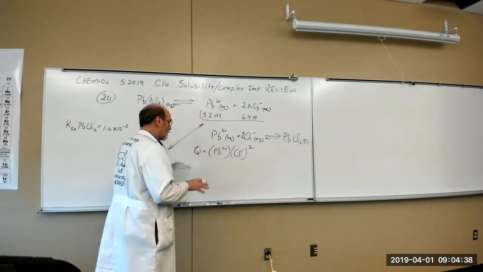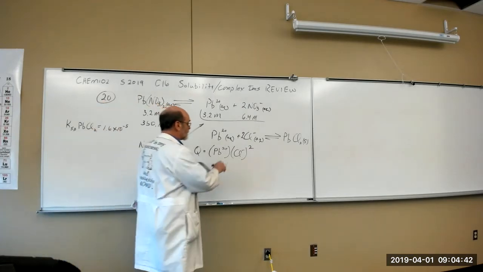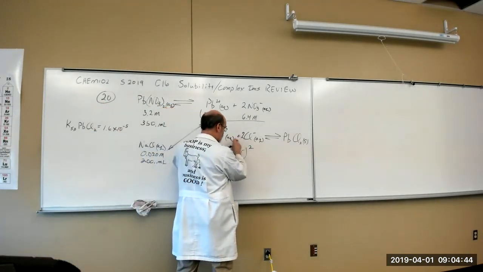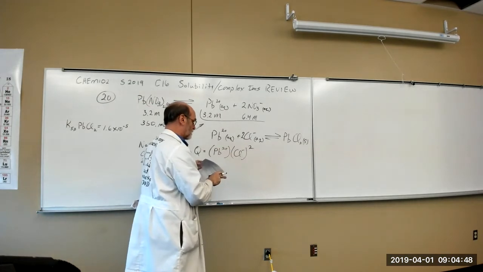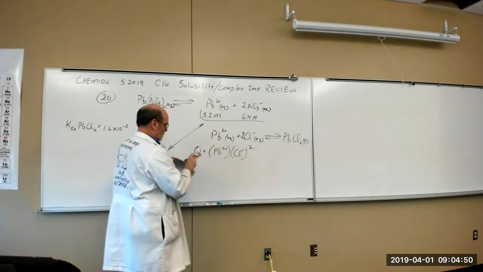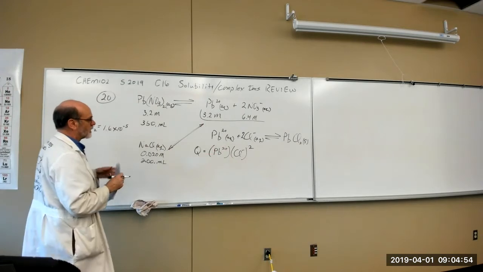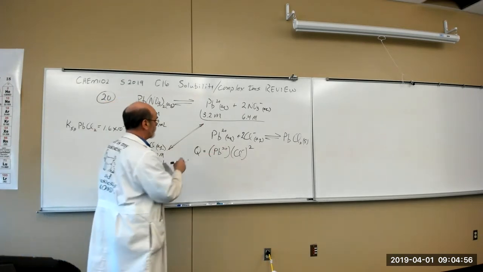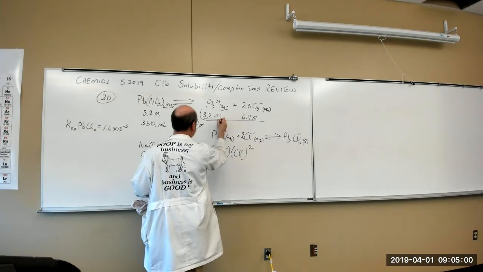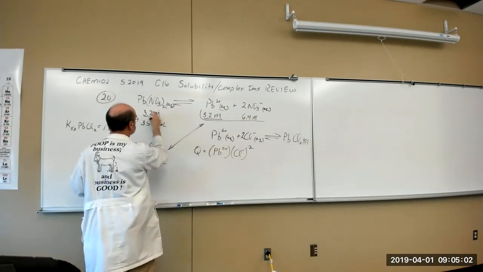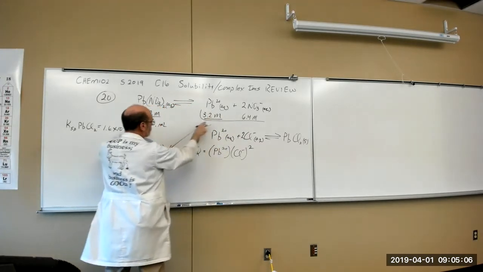Now what we need to do is determine the concentration. This says equilibrium, but the ion product says not equilibrium. So it's a simple matter to determine the concentration of ions. In this case, we've got 3.2 molar lead, because this one is 3.2 molar and this one's 1, and then we have 350 milliliters of it.